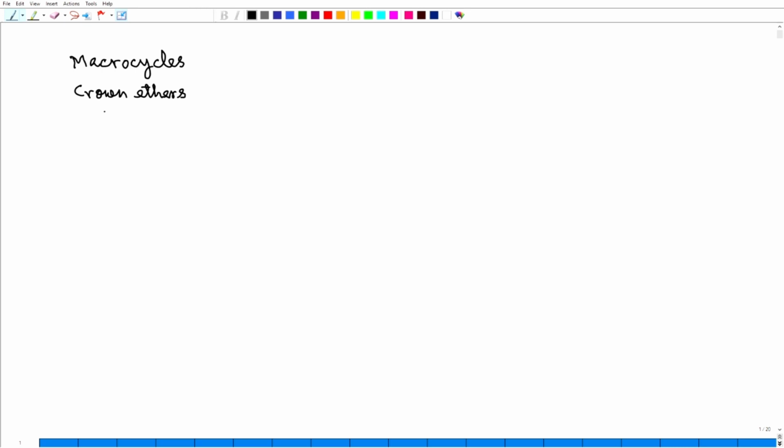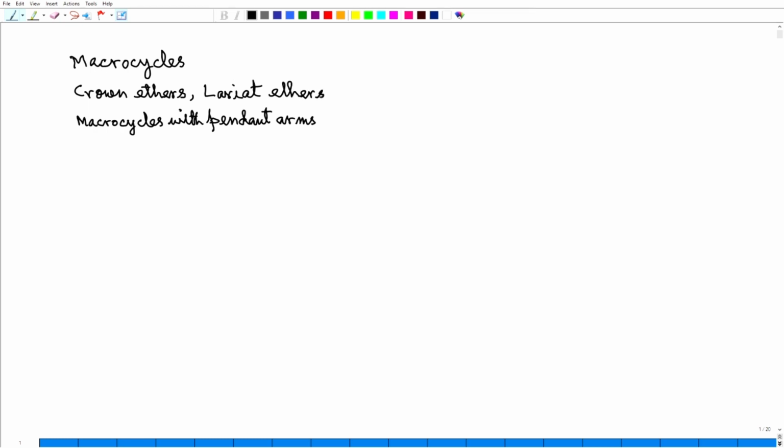Then we took macrocycles with pendant arms, one or two arms, and these are called, in case of ethers, when the macrocycle is a crown ether, then this pendant arm we call lariat ethers, okay, lariat ethers.